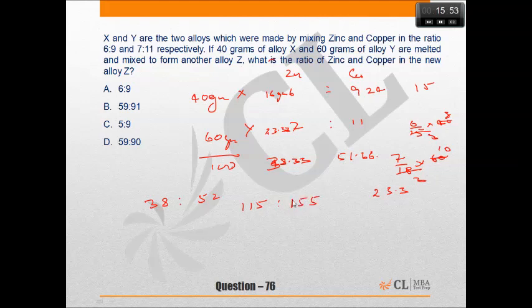Is that fine? 38 into 3 is 114, 115 is fine. 51.66 into 3, 155. Okay, so which are the choices out here? 55. Okay. Now I am stuck. Okay, let me skip this question.